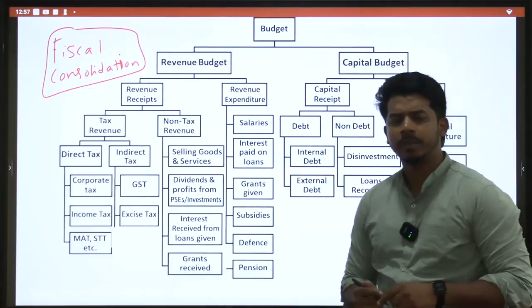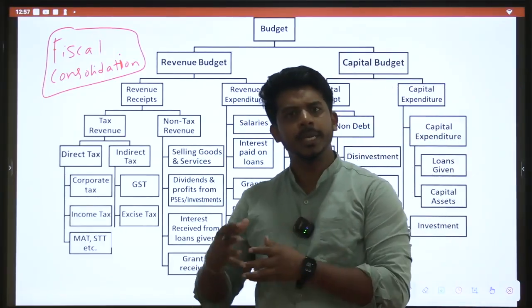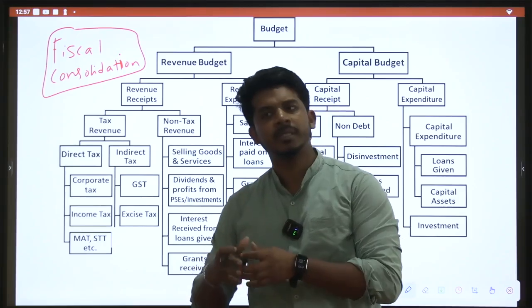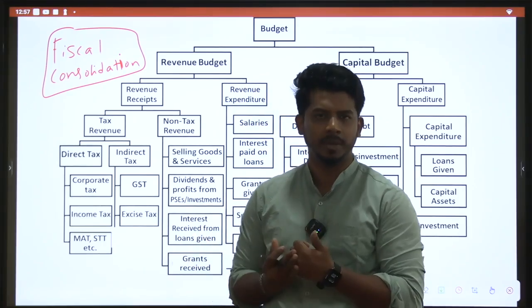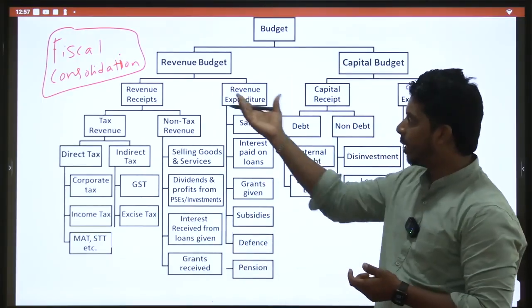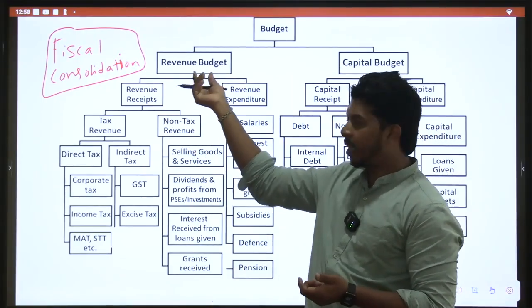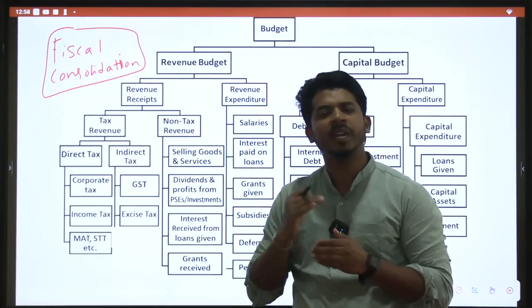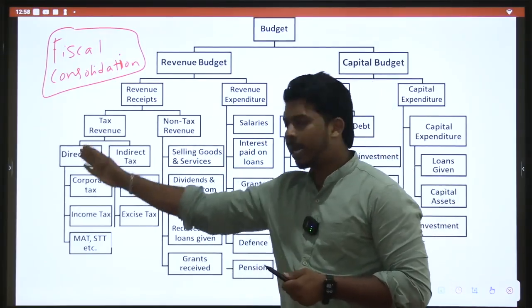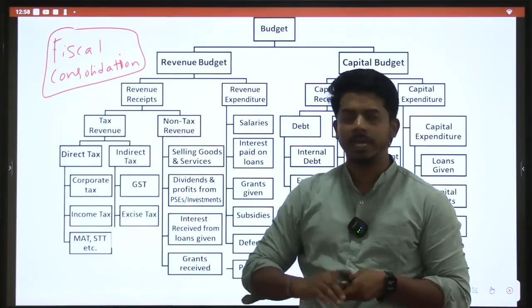Till now, when I say revenue, it means receipt, whatever I am receiving. But here, when I say revenue in the components of the budget, I mean regular, frequent. Here I am replacing the ordinary revenue term with receipts.